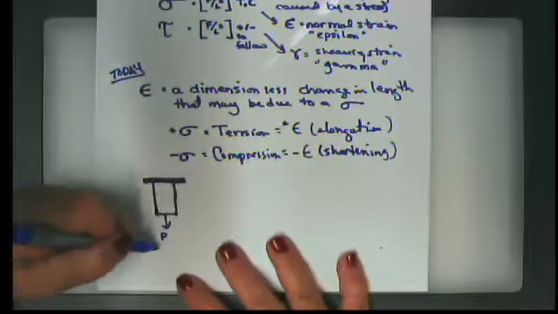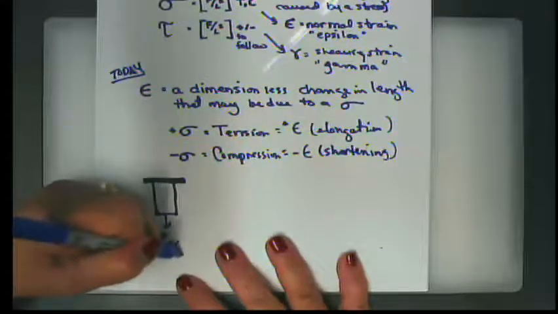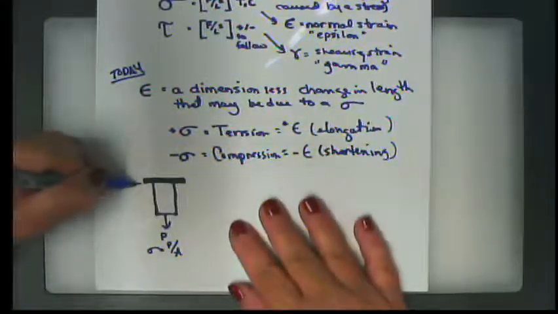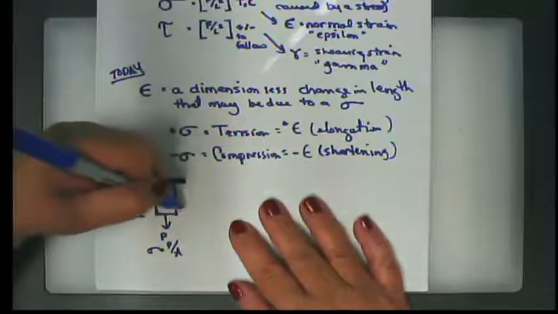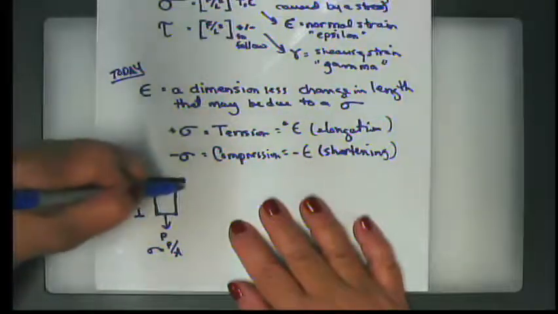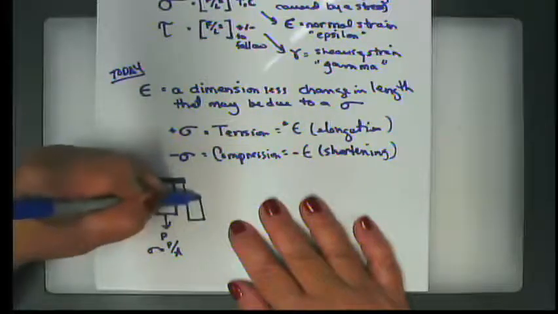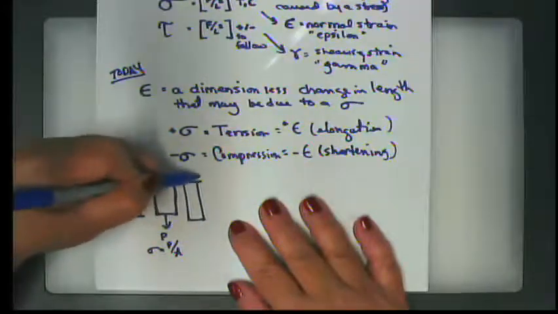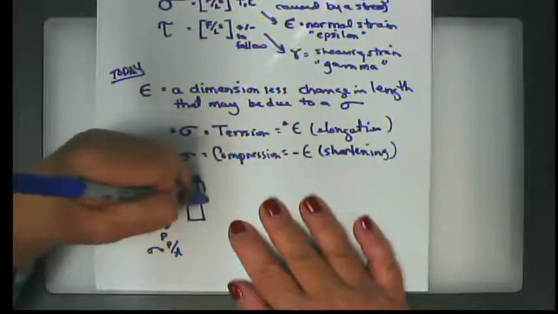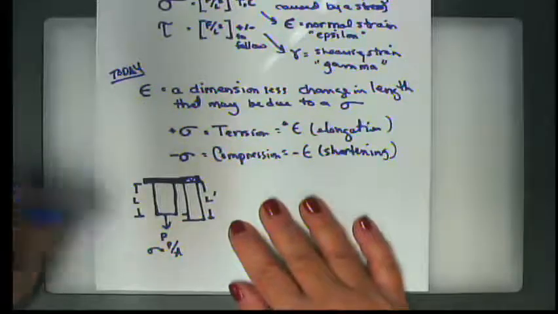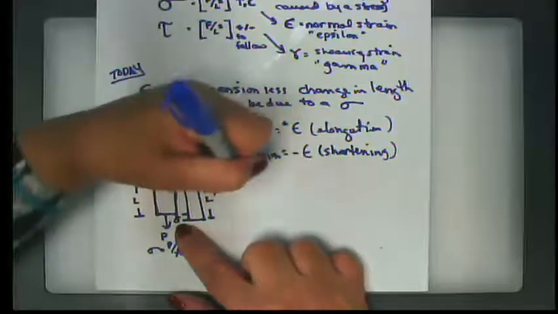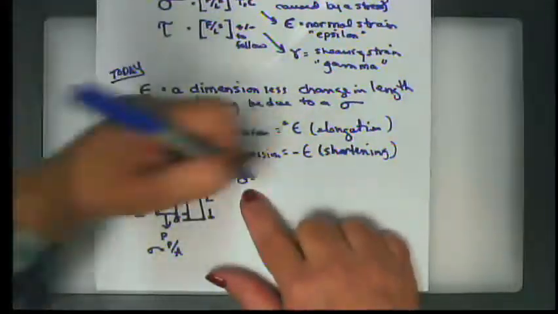We know by now that we will have some sort of a sigma in the amount of P over A. But if this structural member started out as being some length L, when we add the load to it, it will now be some new L. In other words, it will elongate. And we could refer to this as L prime, and we can refer to the difference in the length by the Greek letter del.